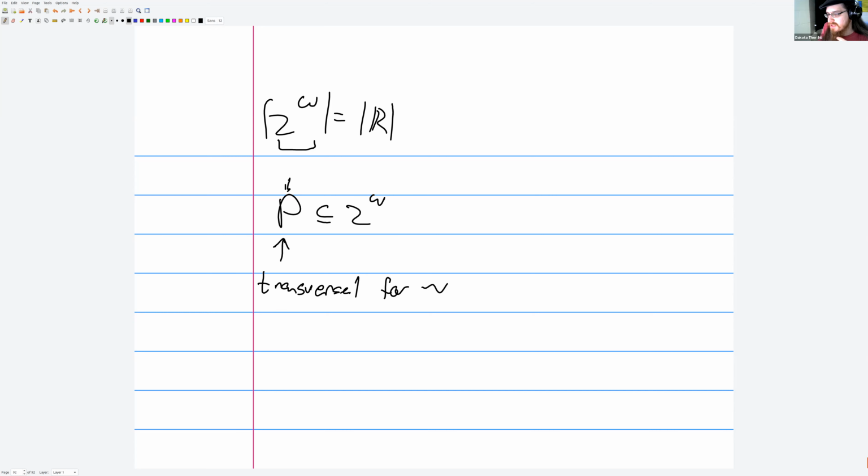This is not a Borel set, and I believe that it's also neither measurable with respect to whatever the first non-trivial measure on the space that you think of. That's probably the right one. It's not measurable with respect to that measure, and it also does not have the property of Baire, meaning it is not a symmetric difference with an open set is meager, which is sort of like a topological version of measurability.